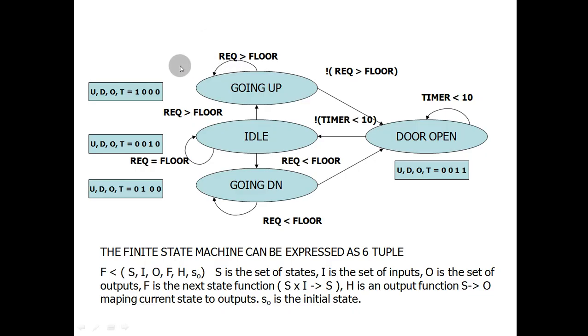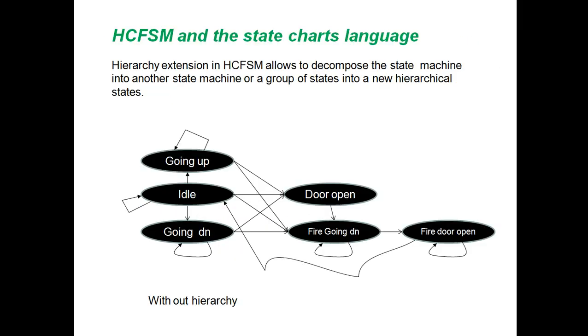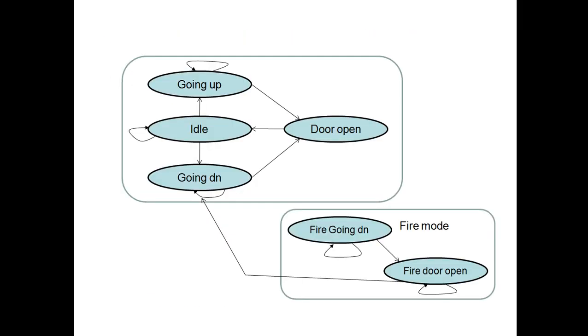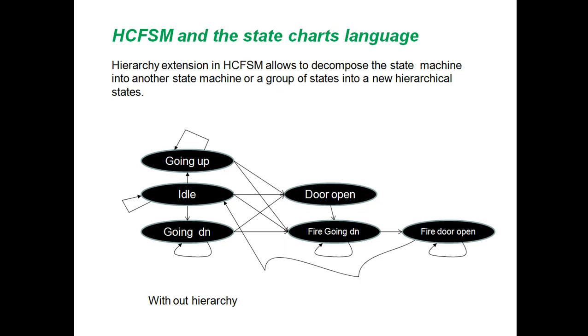According to the condition, the state will go from the idle state to the going up state, or from the idle state to the going down state, or it will jump from the going up state to the door open state, and vice versa. We have already discussed how the state machine works. Now we have introduced the hierarchy, the hierarchical states, the hierarchical extension in HCFSM, where the H stands for hierarchy.